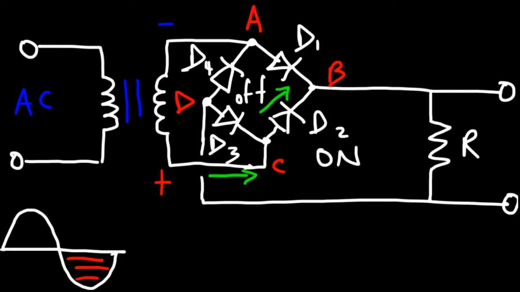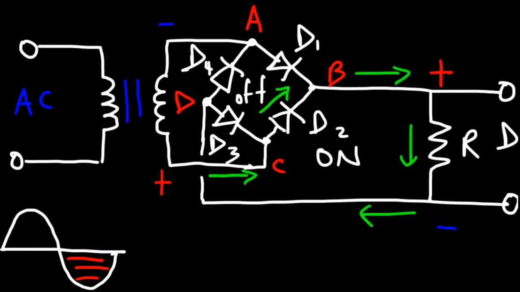So as current flows from C to B, it's going to pass through the resistor, going in this direction. So notice that the top part of the resistor is still positive, and the bottom part is still negative, because current will flow from a high potential to a low potential. And so therefore, the polarity across that resistor is the same.